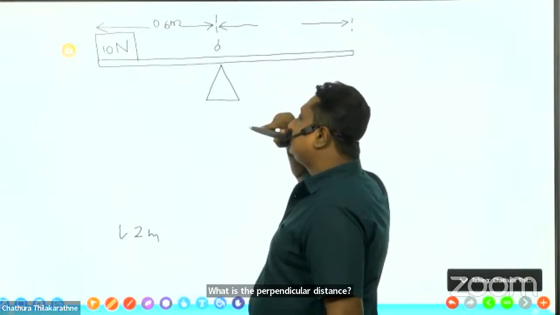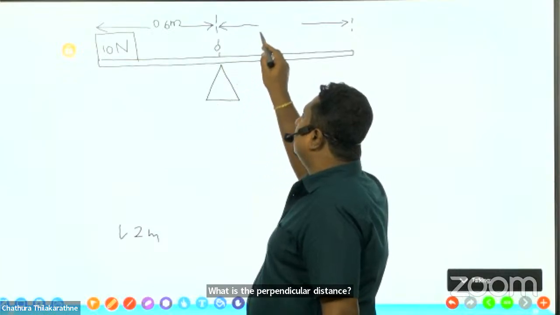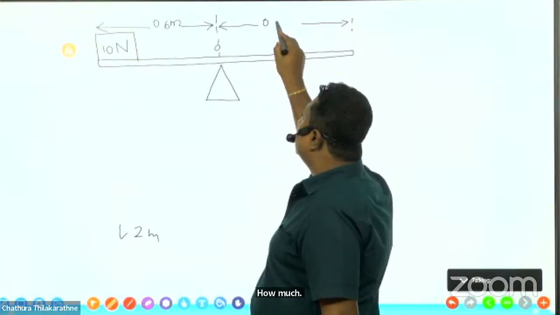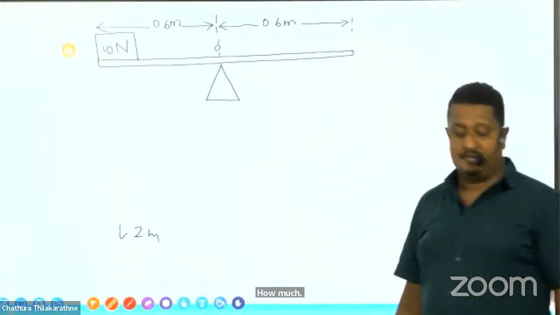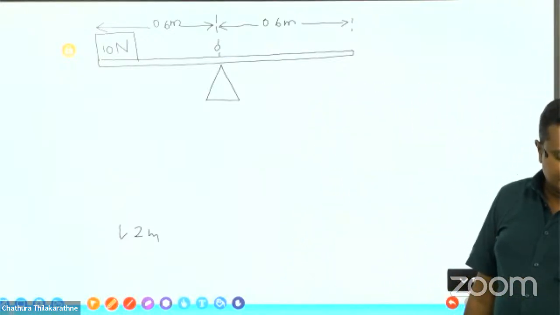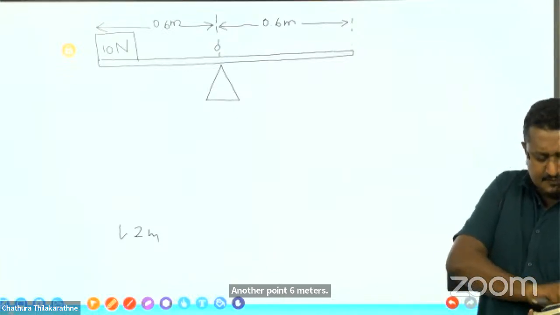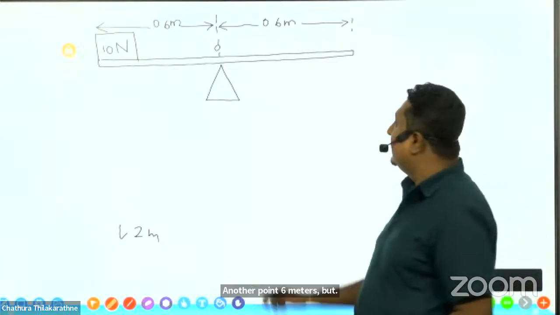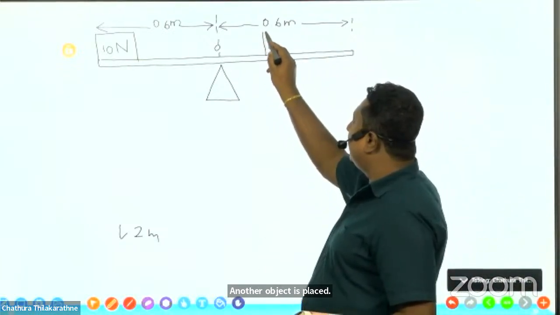How much? Another 0.6 meters. But another object is placed not at the end, but at the middle of that side.